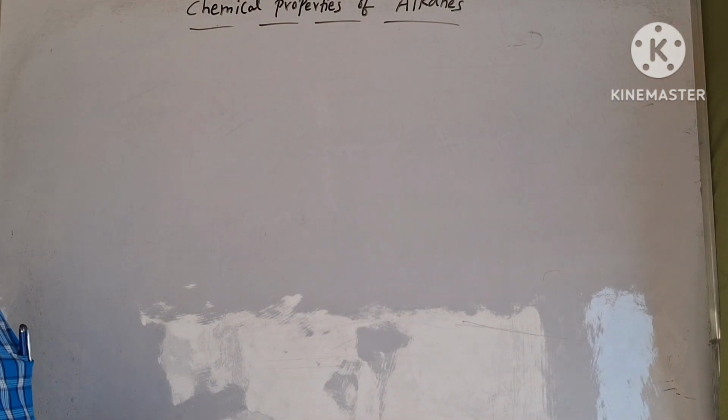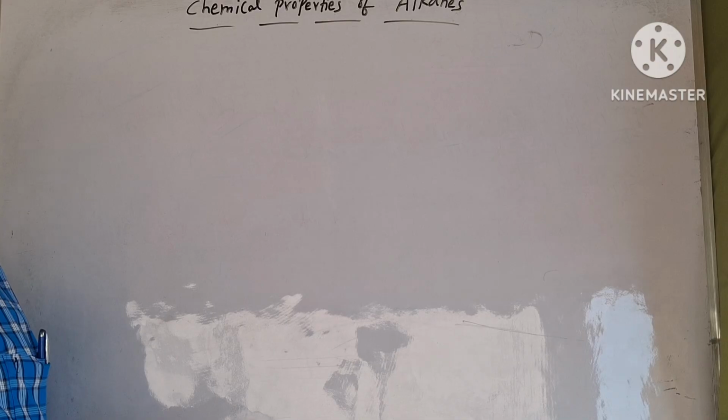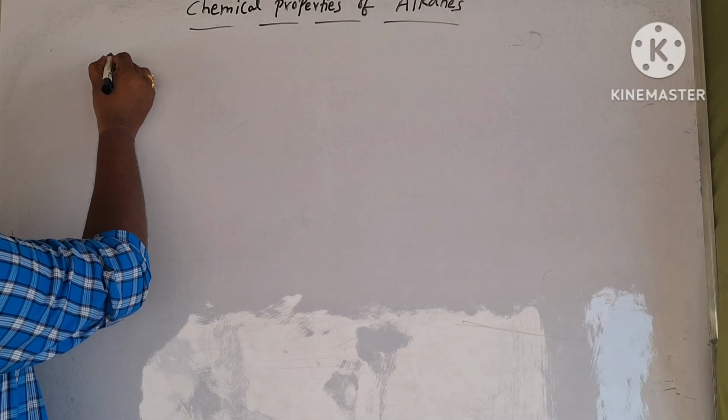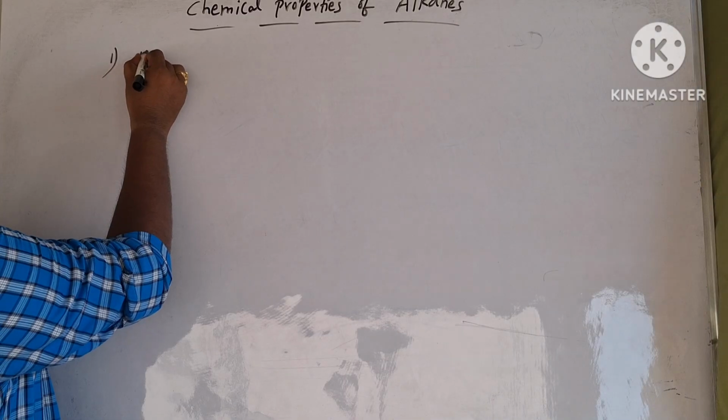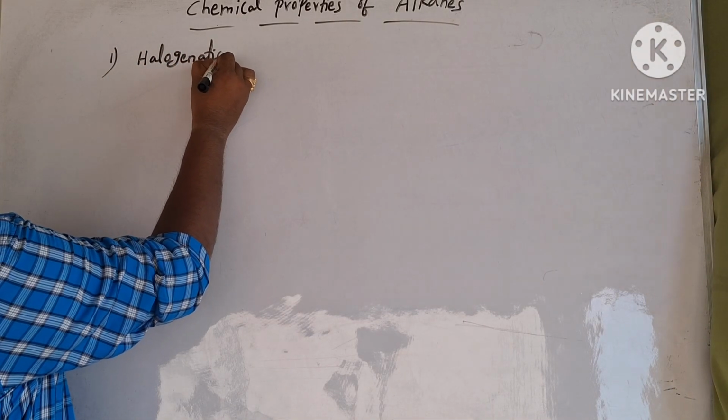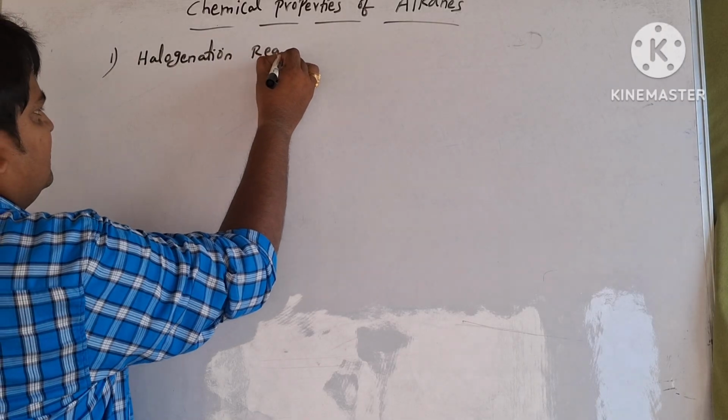What are the different chemical properties of alkanes? The first very important chemical property of an alkane is named halogenation reaction.